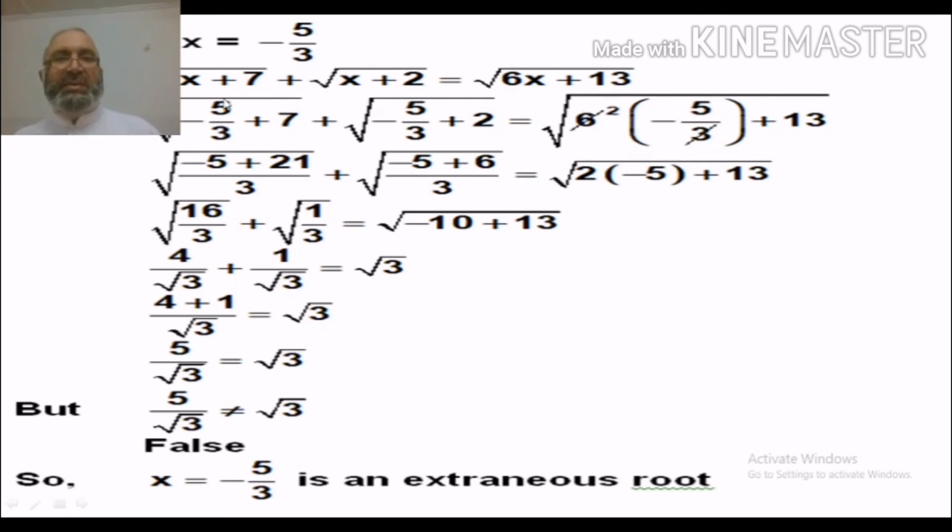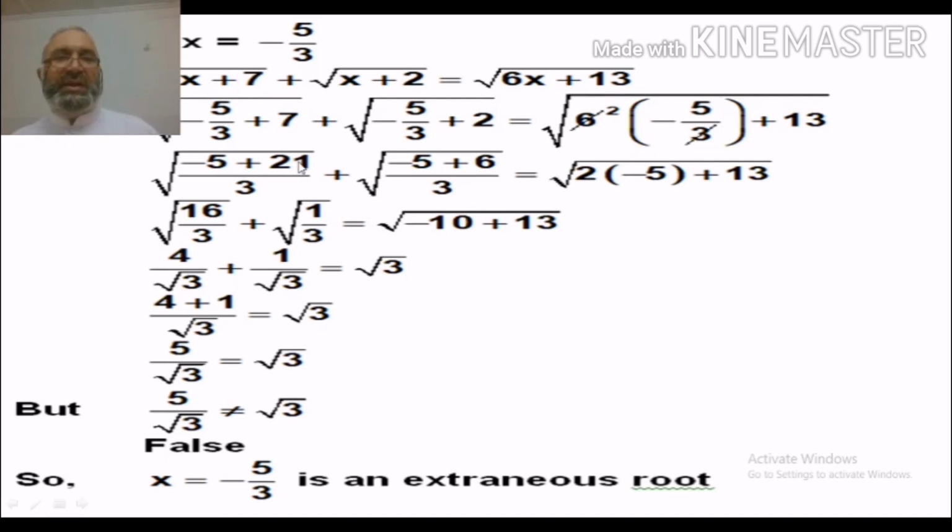Here 3 is the LCM, so it becomes square root of minus 5 plus 21 over 3 plus square root of minus 5 plus 6 over 3 is equal to, on the right-hand side, minus 10 plus 13.